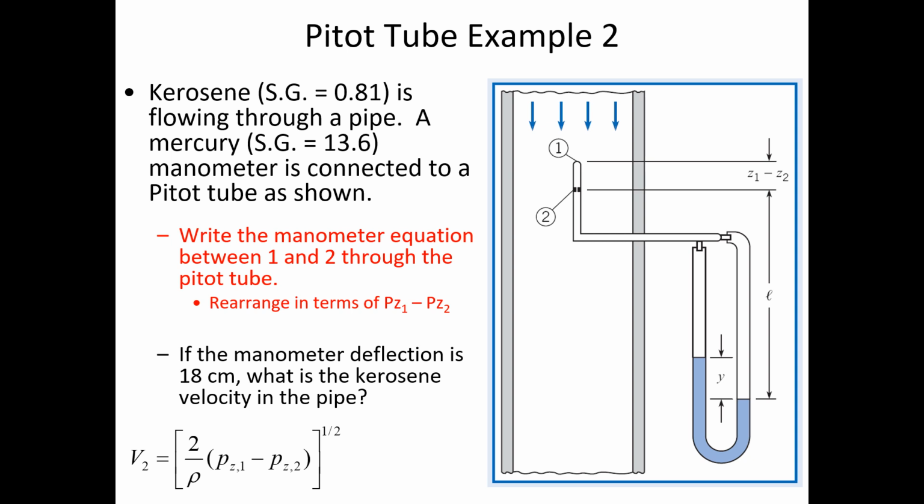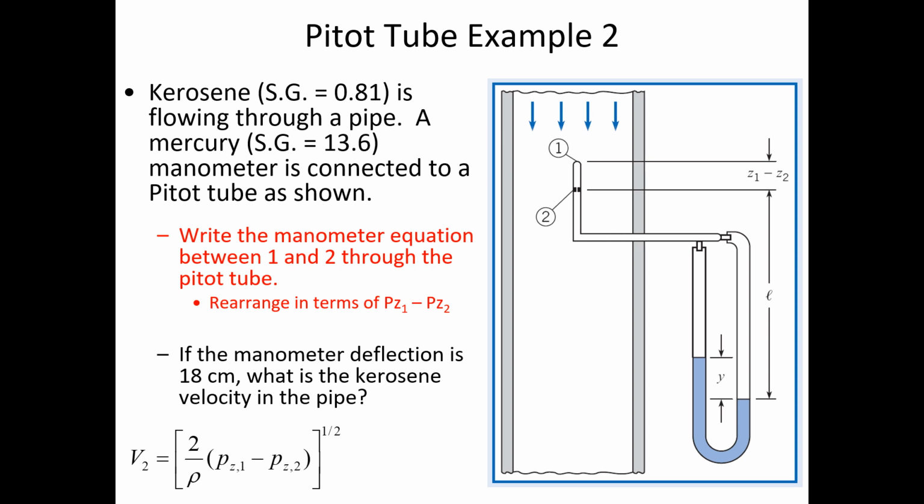Plus the gamma of kerosene times L minus the gamma of mercury, Hg, times y minus the distance L, gamma of kerosene. So here I'm expanding out the gamma of kerosene times L and also times the y. So now plus gamma of kerosene times y is equal to P2.